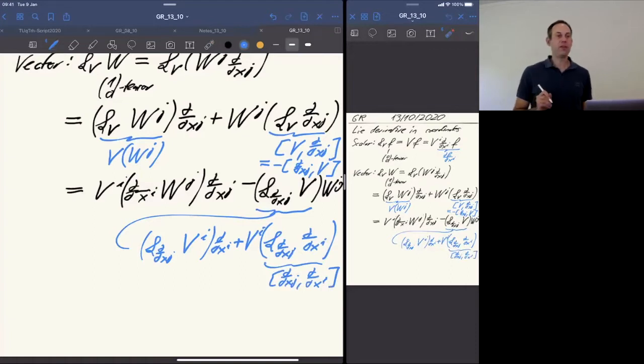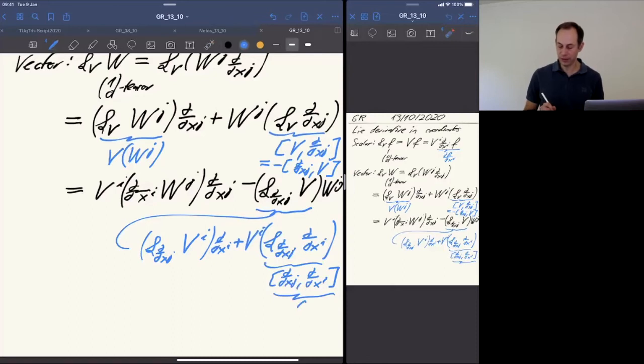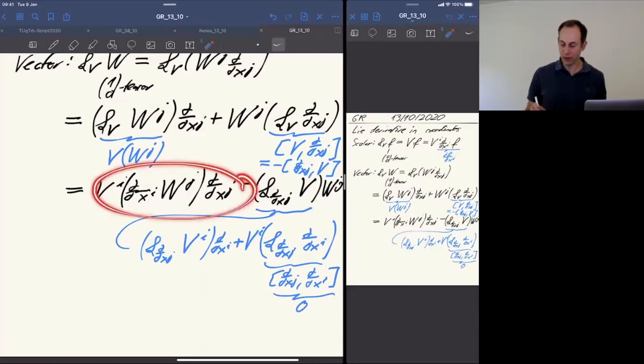But we have proved already, I think just last Thursday, that the Lie bracket of two vector fields that correspond to these basis vectors is always 0. That's something we already know. So we get a term that is much simpler. We only are left with that term still, and that one, and this thing here goes away.